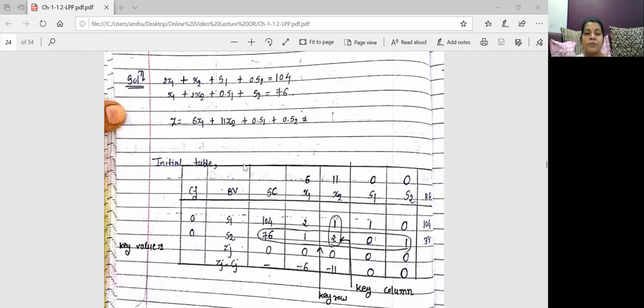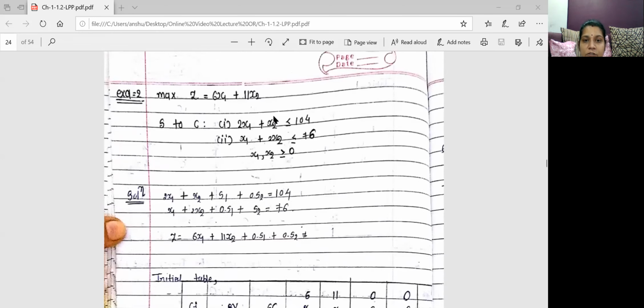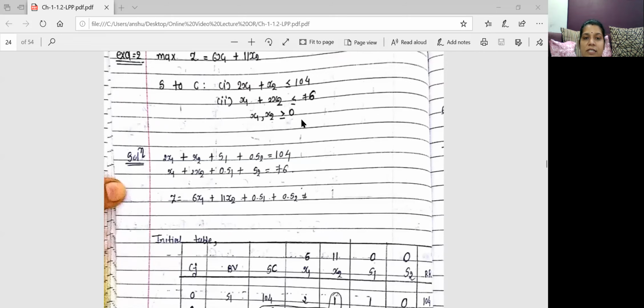So first we make the initial table. The initial table's first column is Cj, second one is basic variable, third one is solution constant, and then according to our objective function, x1 x2 s1 s2.